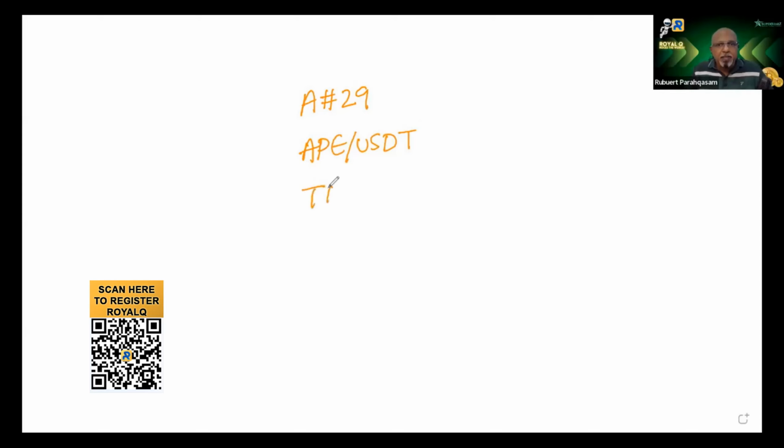Then the signal will have TP. TP means take profit. That means how much profit we can potentially gain from this particular trade. Then we will have preset. Preset means at what price we are going to buy this particular coin.